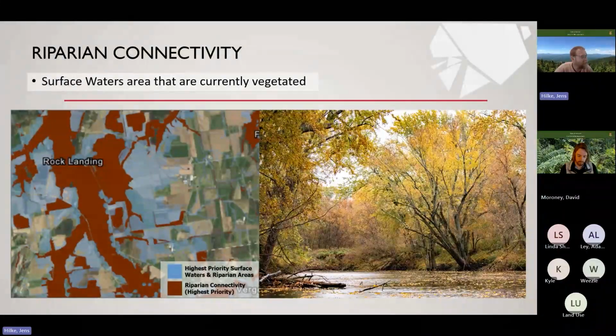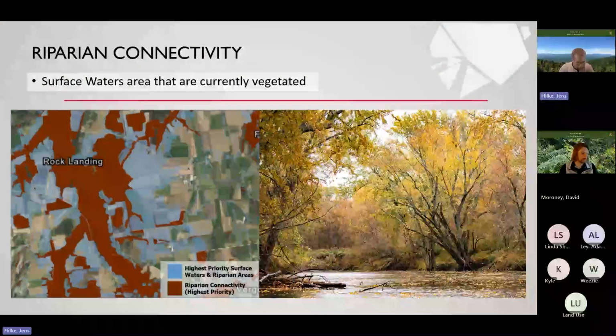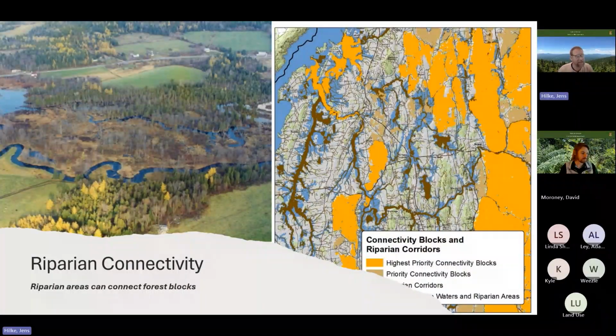And so you can see that the difference between the surface waters and the riparian areas are places that are developed or are agriculture, and so some of those places are really important for restoration. The riparian connectivity data set really shows places where the aquatic network is linking together terrestrial blocks.